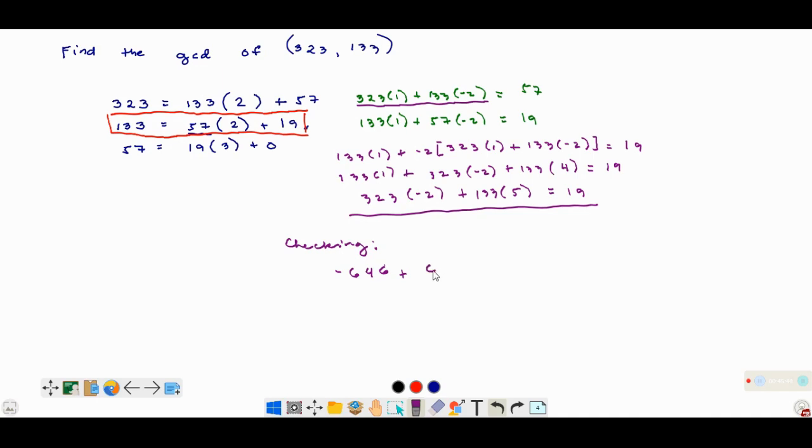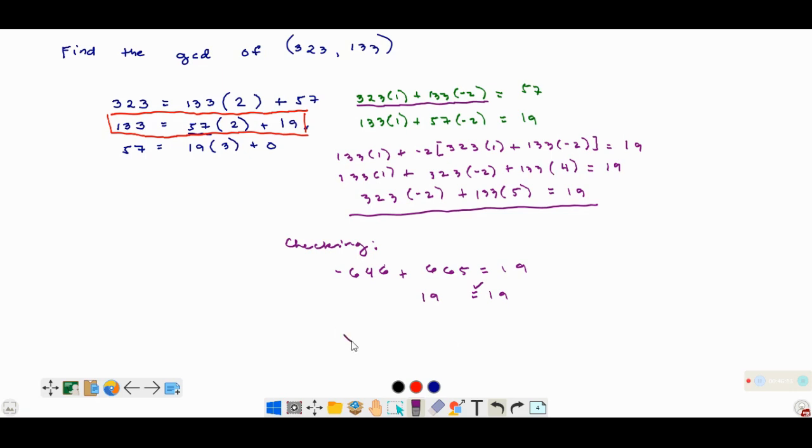We have 665 is equal to 19. So, 665 minus 646, ba't ganito? Negative 646 plus 665 is really equal to 19. So, 19 is equal to 19. Therefore, our solution is correct.